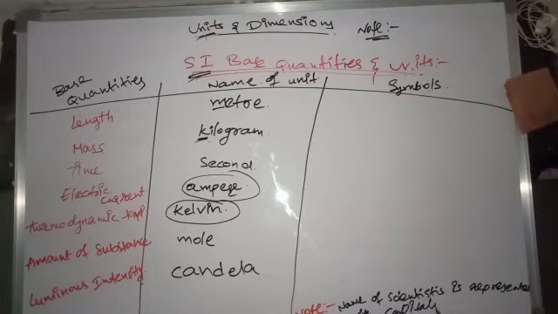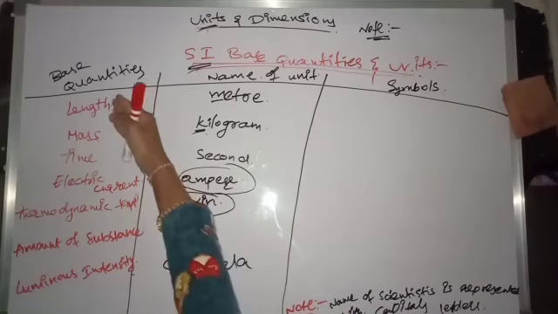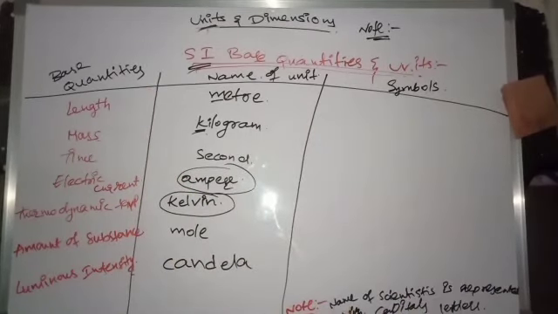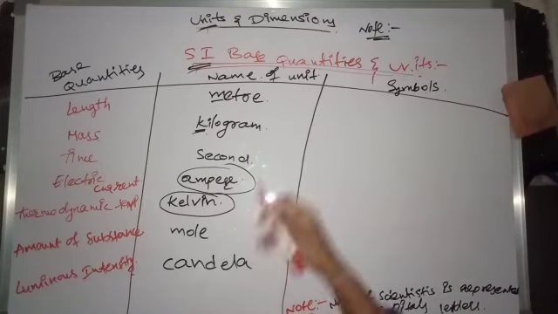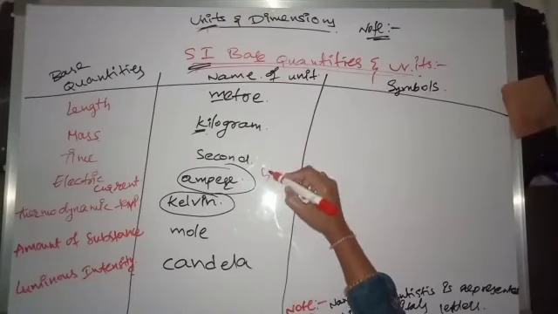Remaining symbols are represented with small letters. Okay, the name of the scientist is represented with capital letters. Remaining other base quantities are represented with small letters for symbols. But coming to the name of the units, you have to use only small letters.